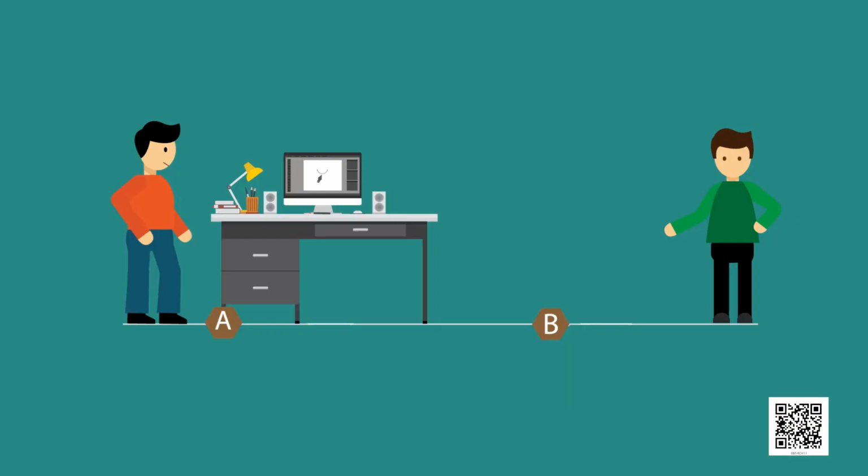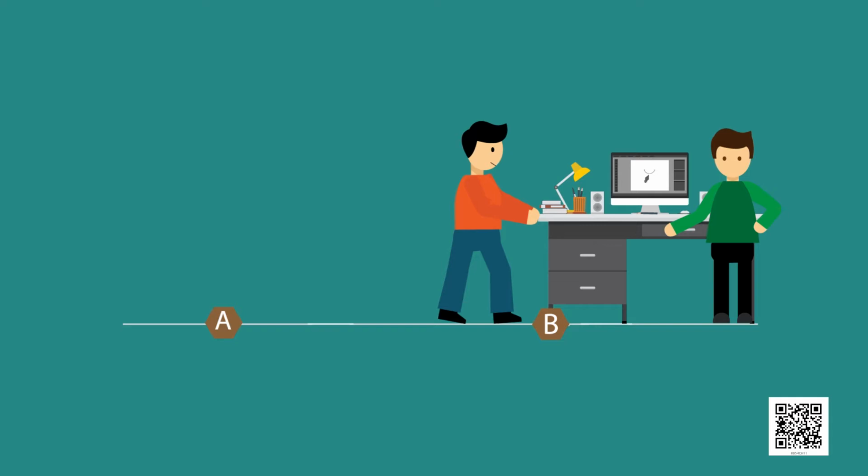Let us see one more example. Imagine that we want to change the position of our computer table. For this, you have to push the table from point A to point B. It also shows that you are applying force on the table. Here, pushing is a method for applying force.